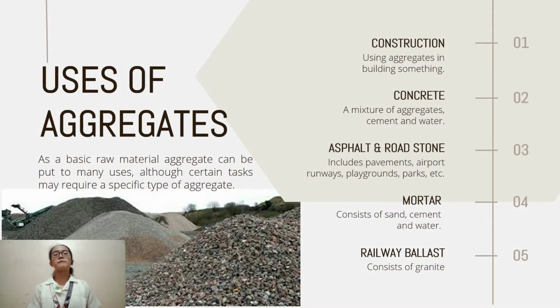In this report, we will be tackling about the uses of aggregates. As a basic raw material, aggregates can be put to many uses, though certain tasks may require specific types of aggregates.